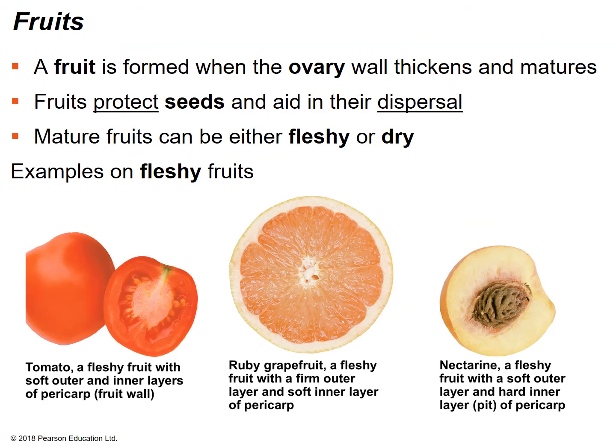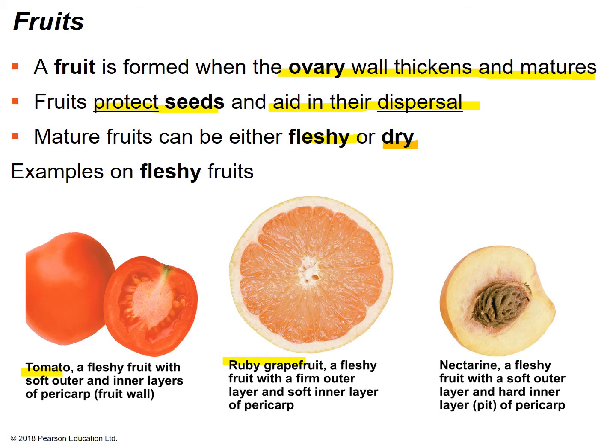Fruits. A fruit is formed when the ovary wall thickens and matures. Fruits protect seeds and aid in their dispersal. Mature fruits can be either fleshy or dry. Examples of fleshy fruits: tomato, a fleshy fruit with soft outer and inner layers of pericarp, the fruit wall.